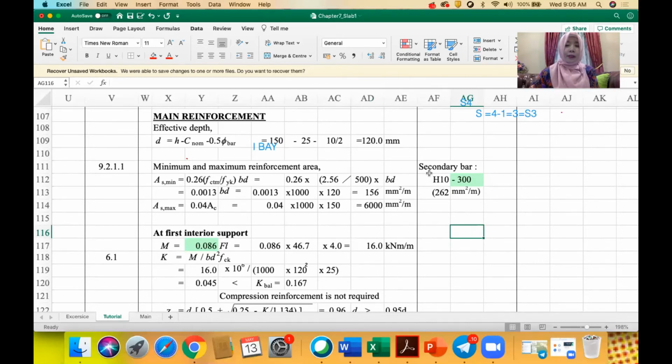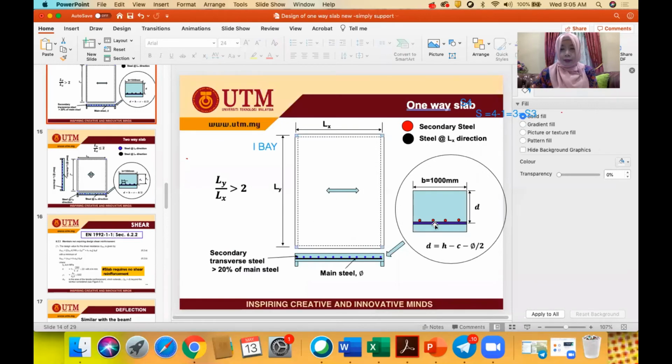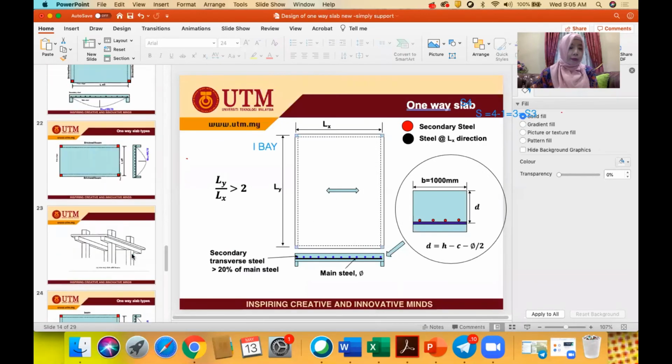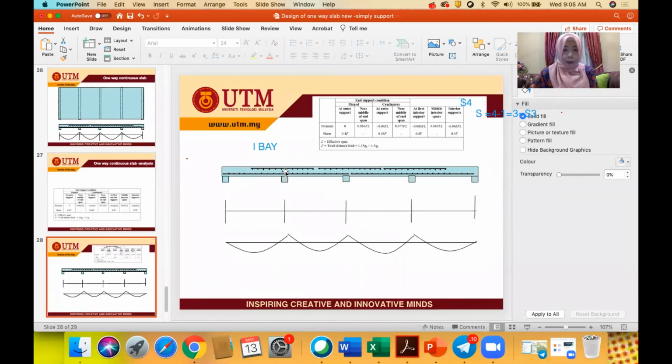Okay, so this is the secondary bar. What is the secondary bar here? The dot one here is the secondary bar.